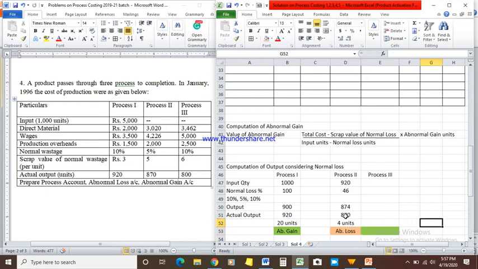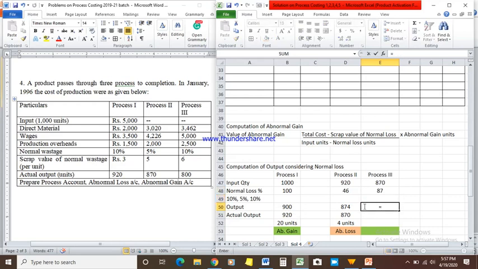Next, when these 870 units are moved to process C, that is process 3, 870 becomes the input. Again the normal loss in process 3 is 10%, 0.10 into 870, so it is 87 units.